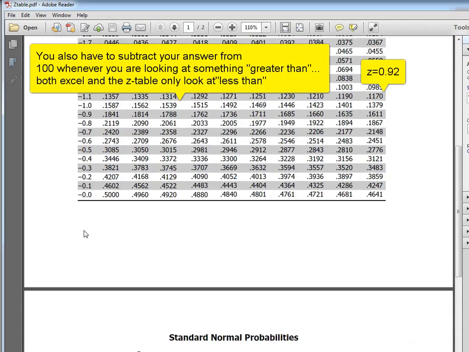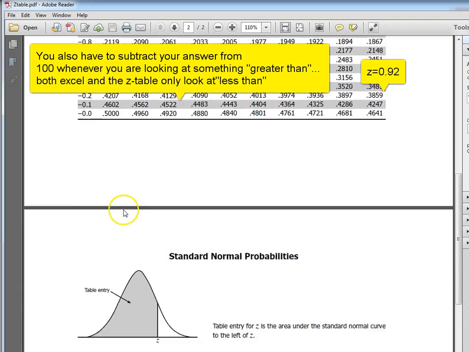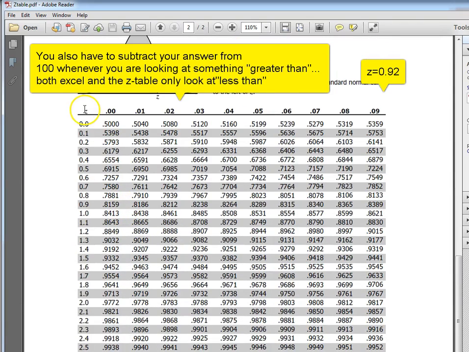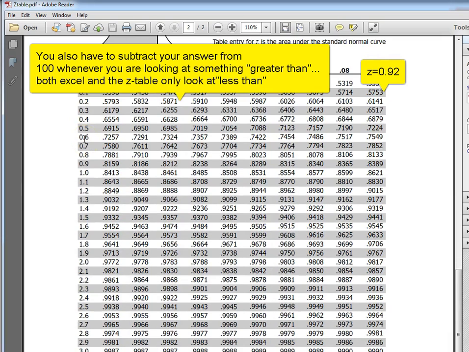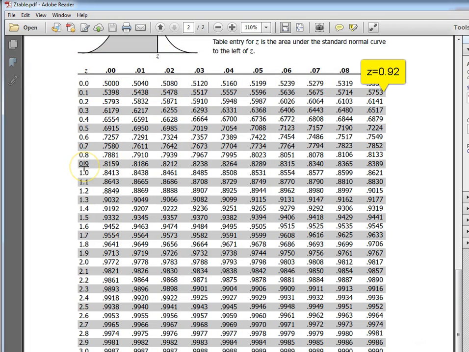And the z-score that we're looking at is 0.92. So we'll start by going to the page with positive z-scores. And here, we'll want to go to the z that's associated with 0.9. So we're looking at the row 0.9, and then we'll go to the column of 0.02 because that's our second decimal place.